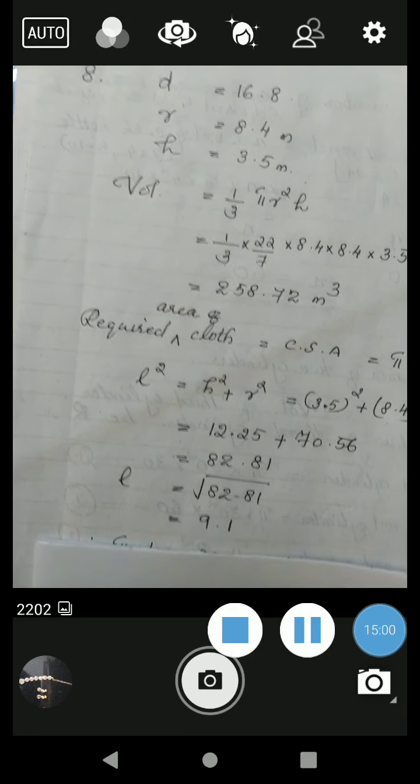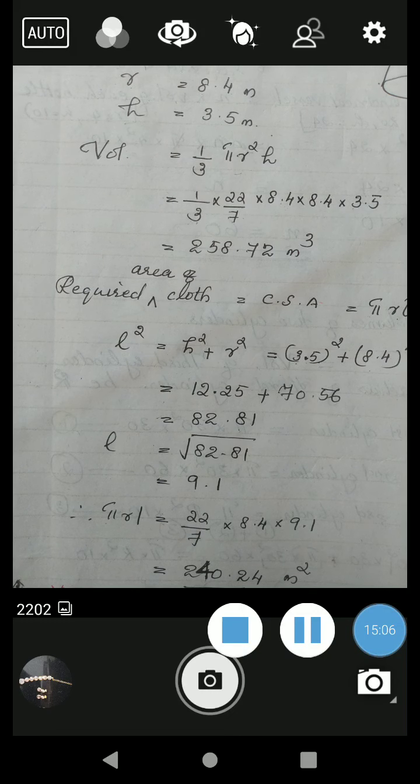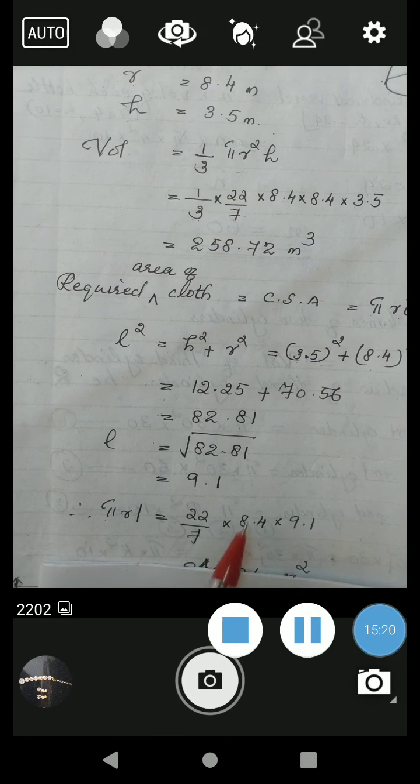Therefore, curved surface area pi r l is equal to 22 by 7 into 8.4 into 9.1. When you simplify, you will get 240.24. Okay, and the 7 and 8.4 can be cancelled. In this way you can simplify this. Okay, right?